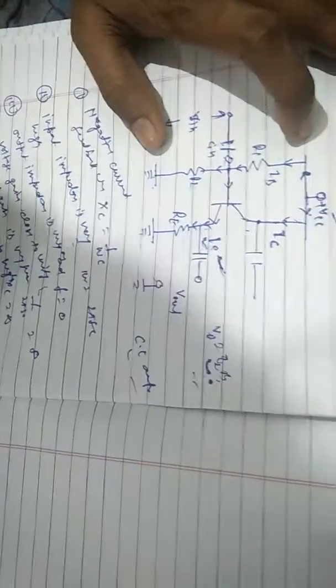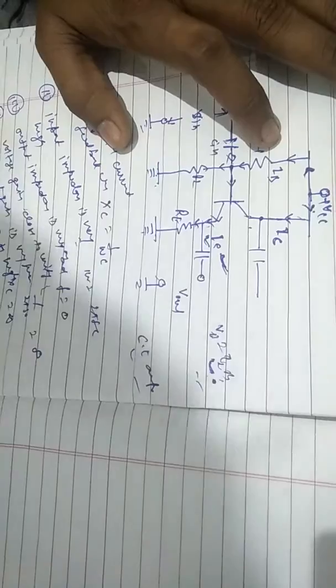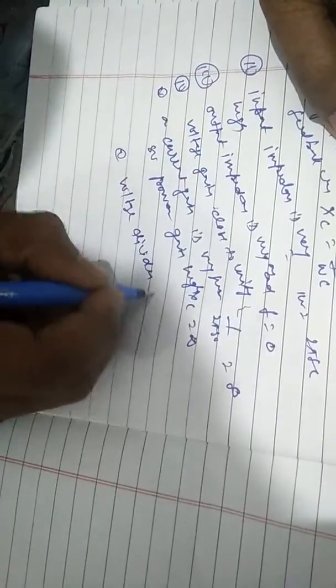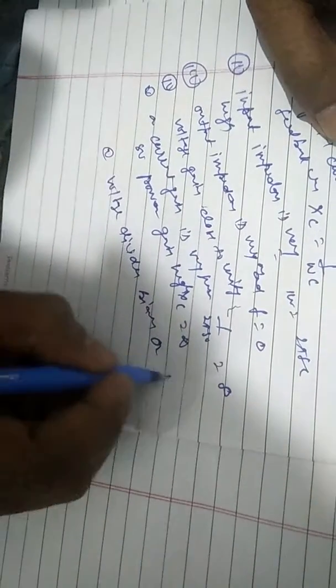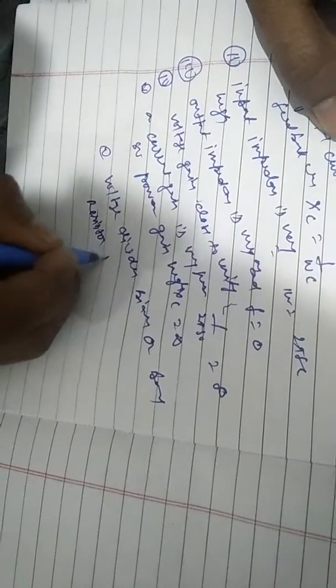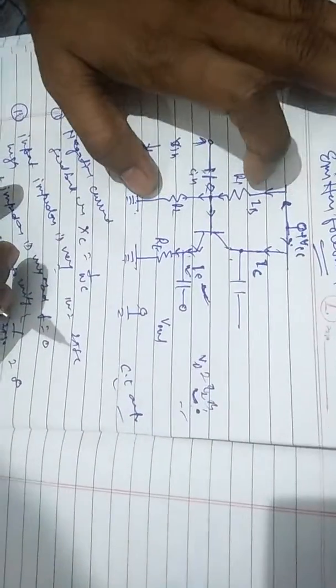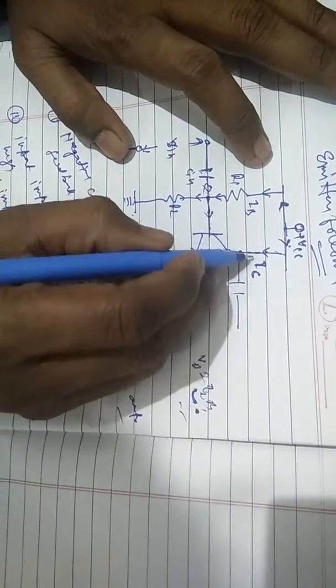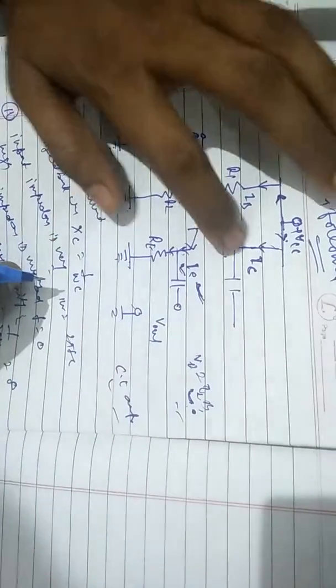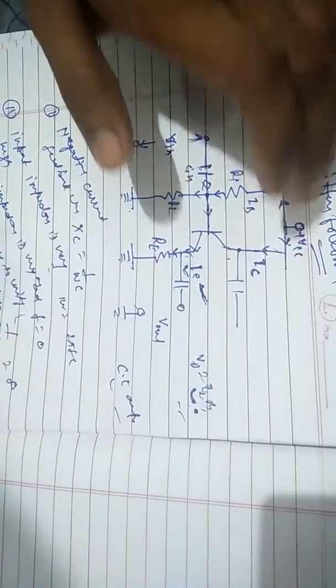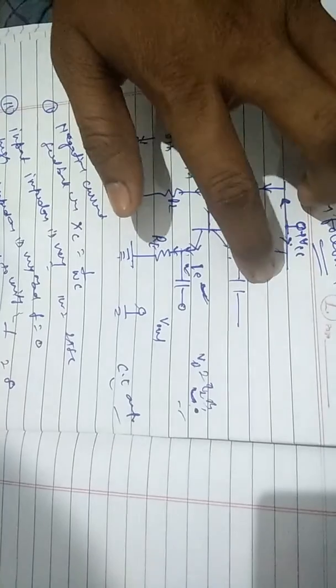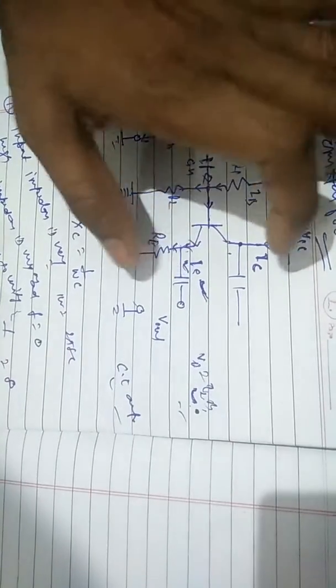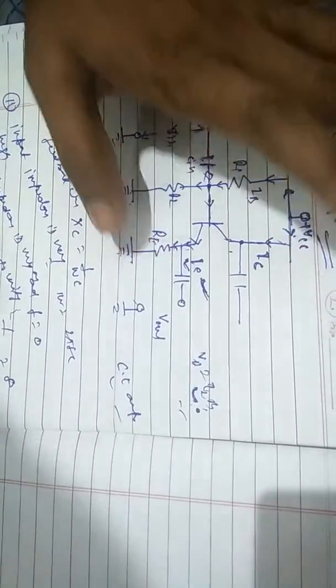And biasing which is used in emitter follower is voltage divider bias, voltage divider biasing or base resistor method. We can say that in voltage divider bias we take two resistances, and here one resistance also, but the only difference between voltage divider bias and this circuit is that collector resistor is vanished, so its biasing is also as the voltage divider bias.